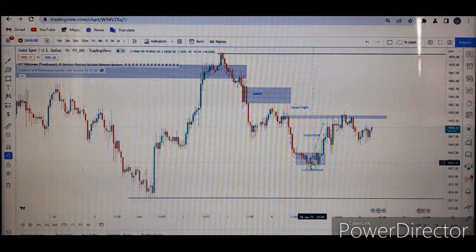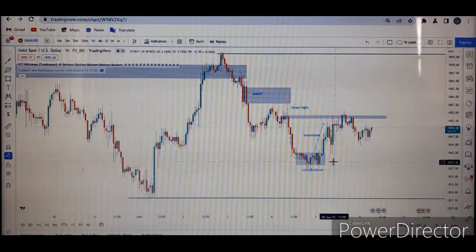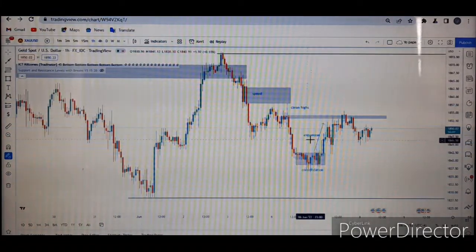Here we don't chase price. So when the market is in consolidation, you wait. It actually tells us that the market makers are allowing orders to build either above the market here or below the market here.